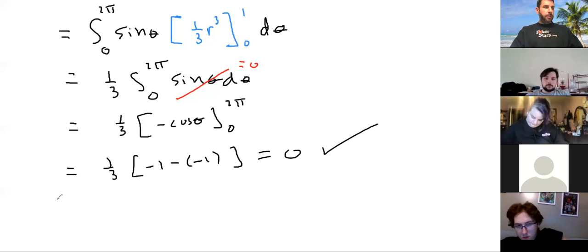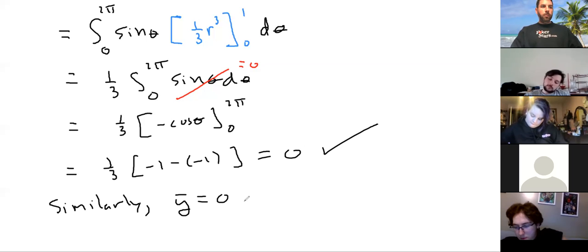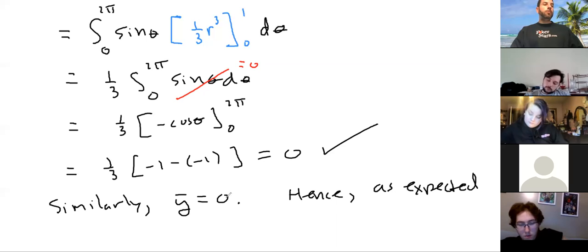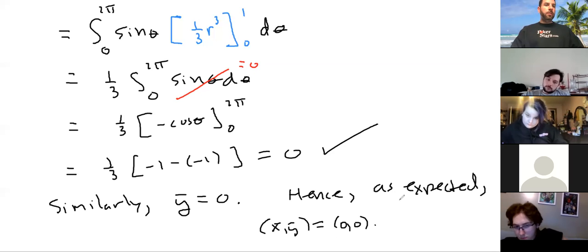And then a very similar calculation shows y bar is equal to 0. And hence, as expected, (x bar, y bar) equals (0, 0).